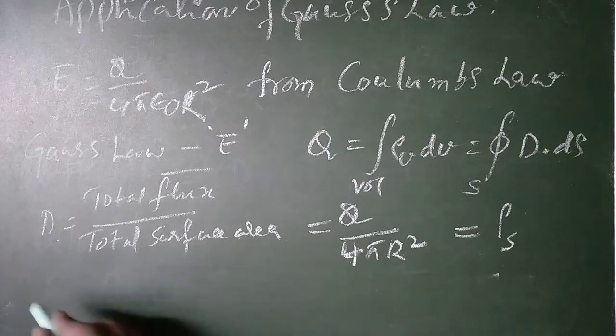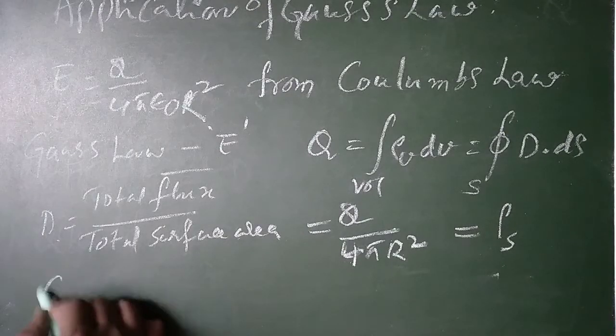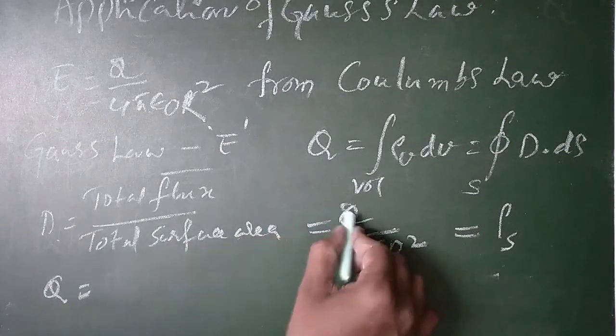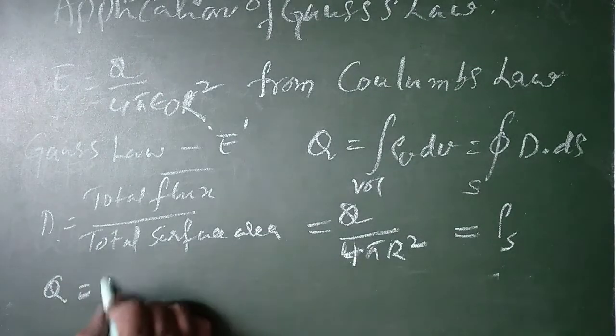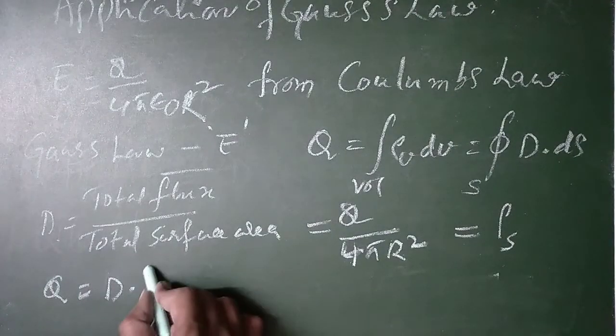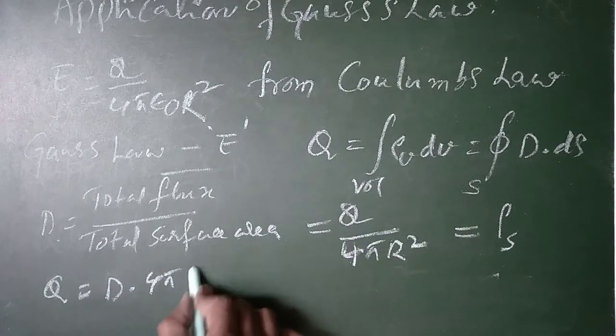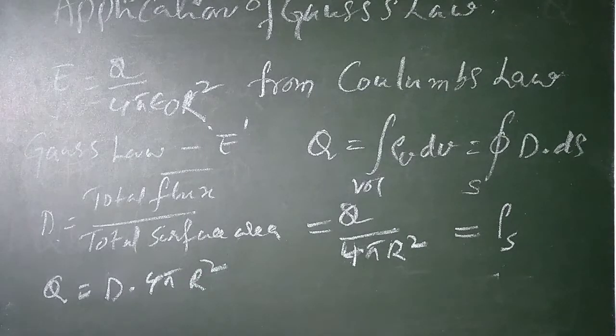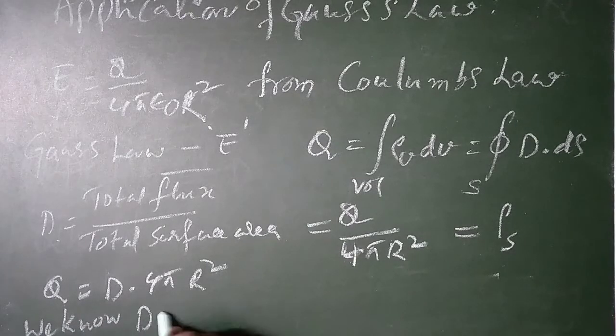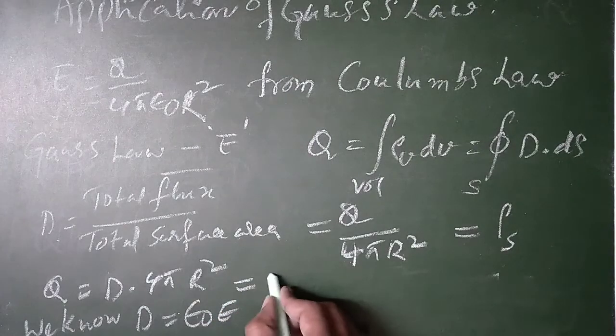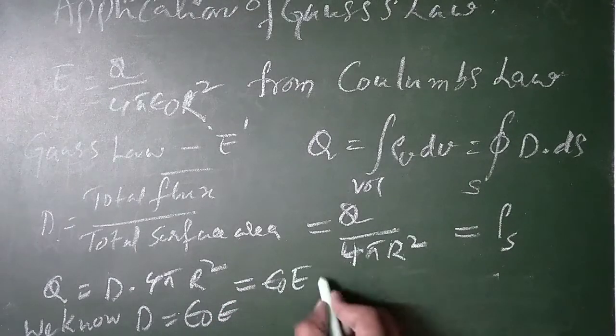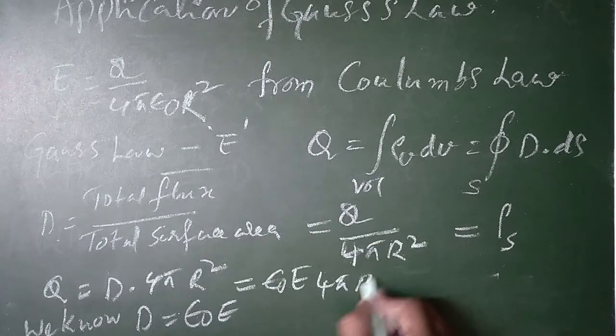Now from this equation you can write Q equals D 4 pi R square, and we know D equals epsilon naught E. Now this we can write as epsilon naught E 4 pi R square.